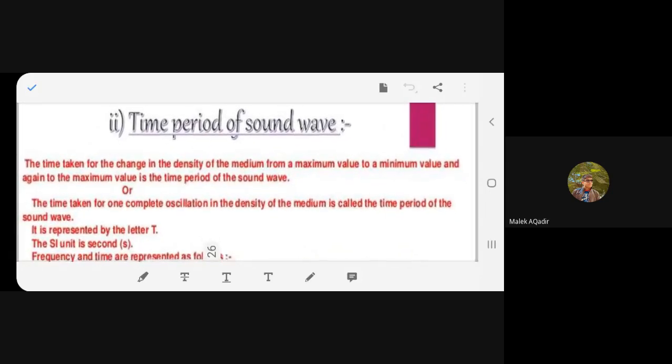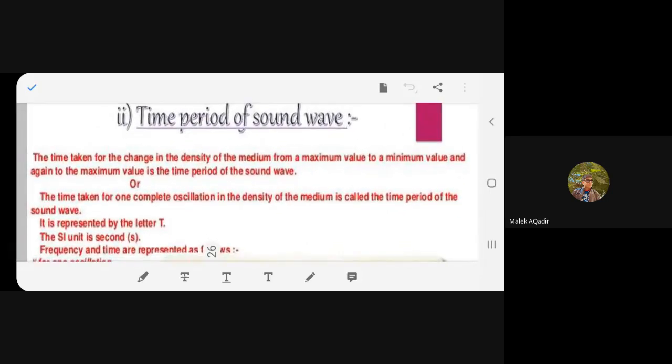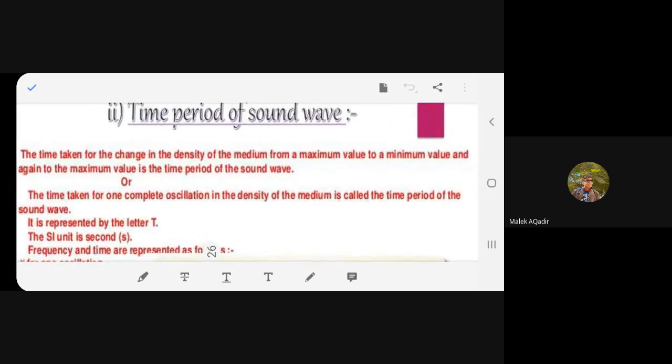Now, what is the time period of a sound wave? Please, one of you start reading it. Time period of sound waves: the time taken for the change in the density of the medium from a maximum value to a minimum value and again to the maximum value is the time period of the sound wave, or the time taken for one complete oscillation in the density of the medium is called the time period of the sound wave.